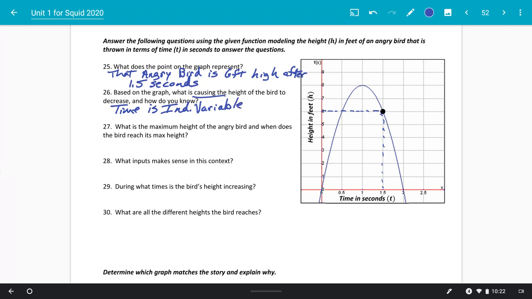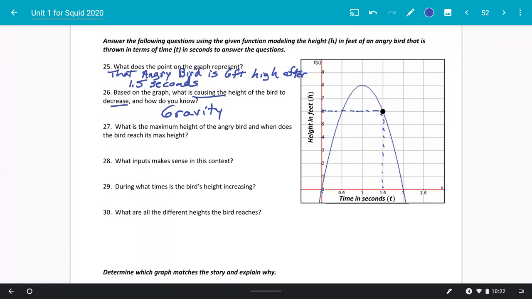They don't tell us anything. I'm not going to assume that it's gravity, but I don't like the fact that they ask whether it causes, because we're not talking about a cause and effect kind of relationship here. We are talking about a relationship, but since it's an angry bird that's thrown up in the air, I'm guessing that's going to be gravity that's causing it to fall back to the earth. You know what I'm saying? That's a bad question, and I don't like it. I hope that I don't have one that's that bad on the test tomorrow.